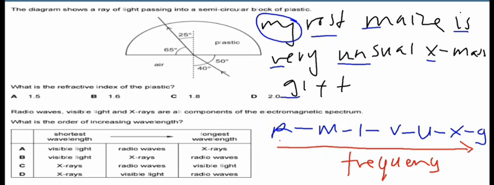Then when you talk of the wavelength, it is just the opposite of the increase of the frequency. Meaning, frequency is going to increase, starting from the gamma rays going to the radio wave. So this one is the increase in the wavelength.